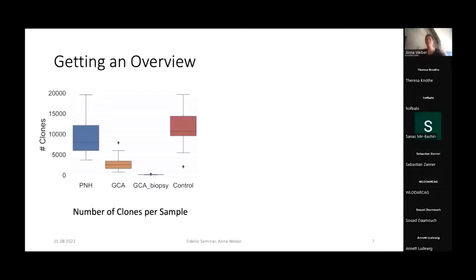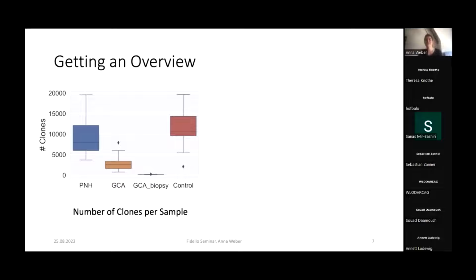If you have many different T-cell clones, many different T-cell receptors, that means that your immune system can respond to a large number of different threats. And it's already known that this decreases with age. With age, there's going to be less flexibility, less diversity in your immune system, less different clones, which we're actually really seeing here in the GCA patients.